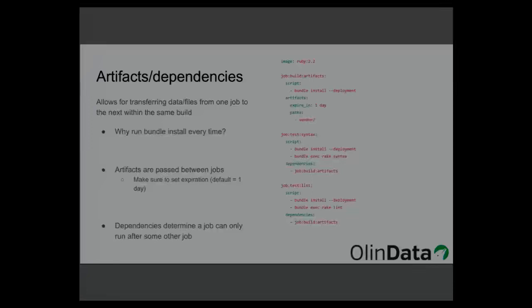So this job exports the artifacts, but then obviously we need to say in these jobs that they are actually depending on the artifacts job. So we see that now I've created a job called job build artifacts, and now the other two jobs have a dependency on job build artifacts, and because of the dependency they automatically download the artifacts from the job that they are depending on.